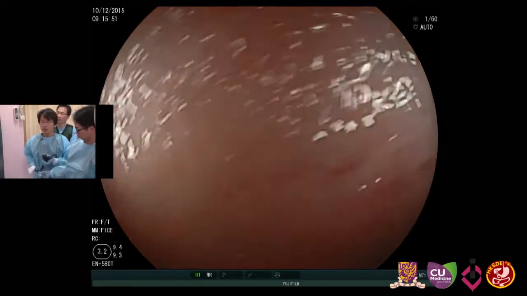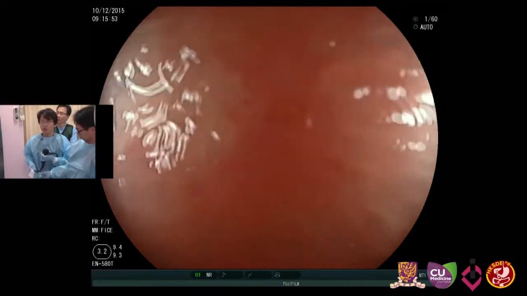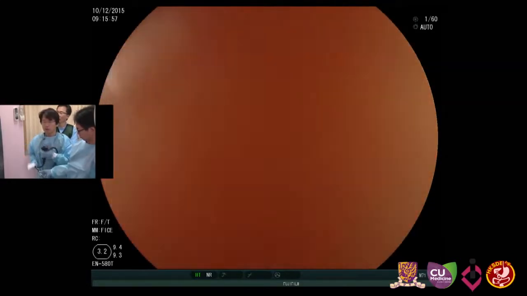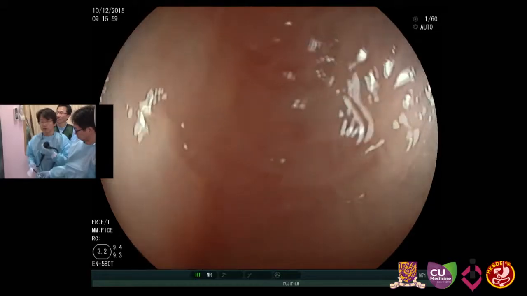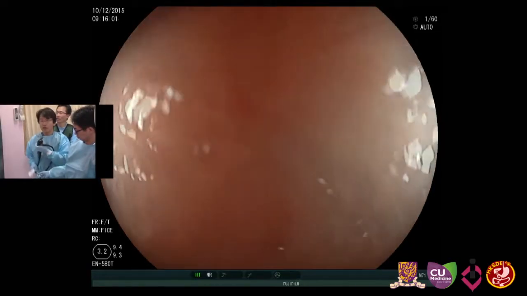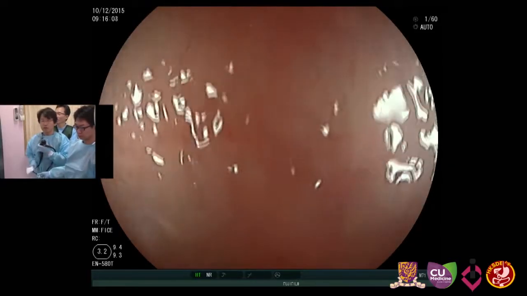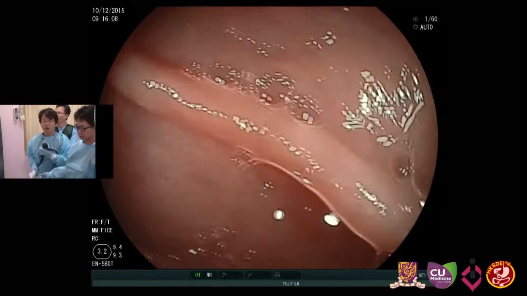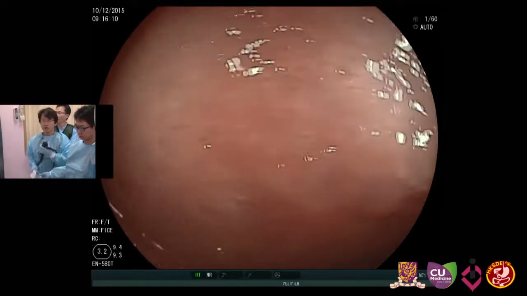Then I will examine from the stoma to see the most active area endoscopically. In that way, I can check her small intestine for the activity and complications like stricture.